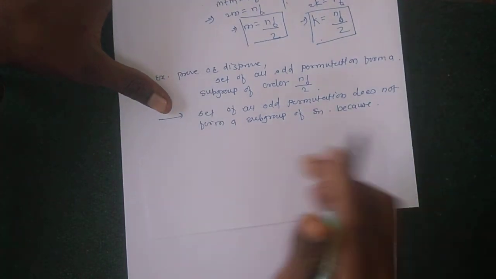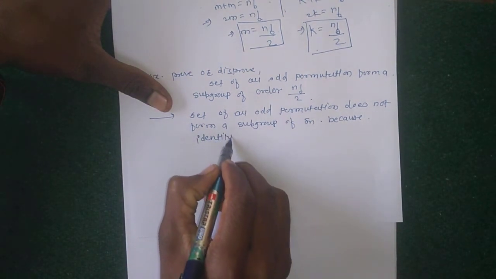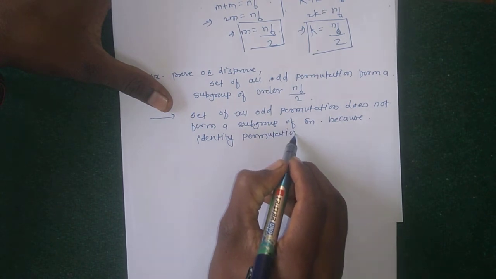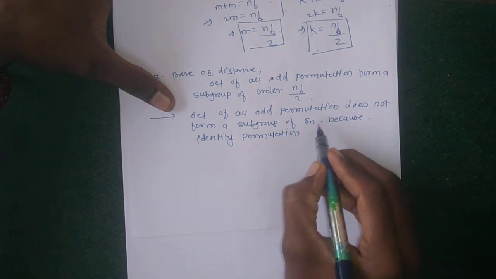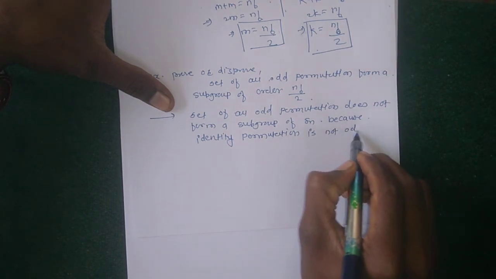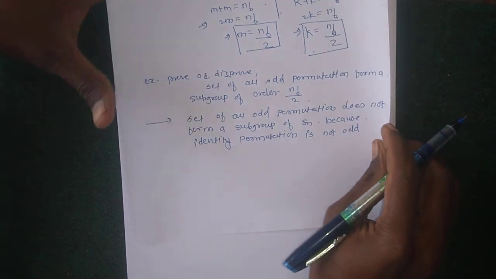The identity permutation is not an odd permutation, meaning the set of all odd permutations does not contain the identity element.